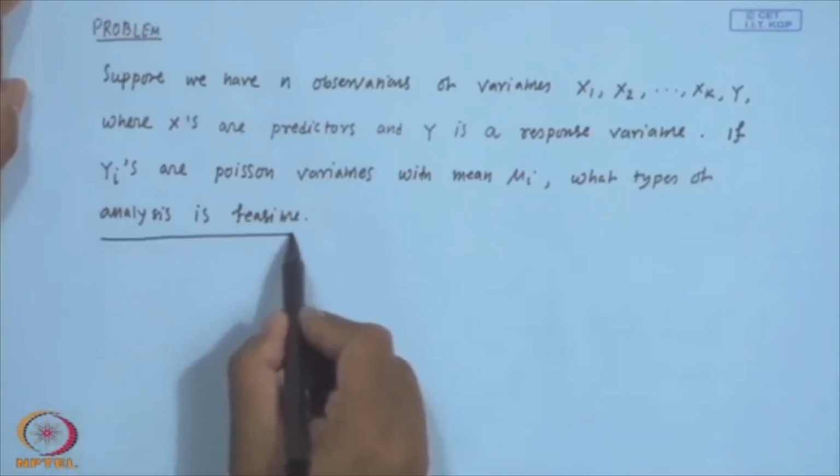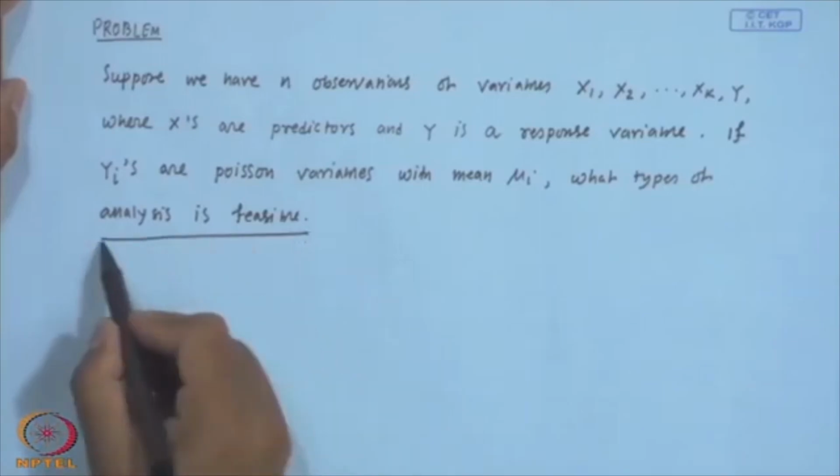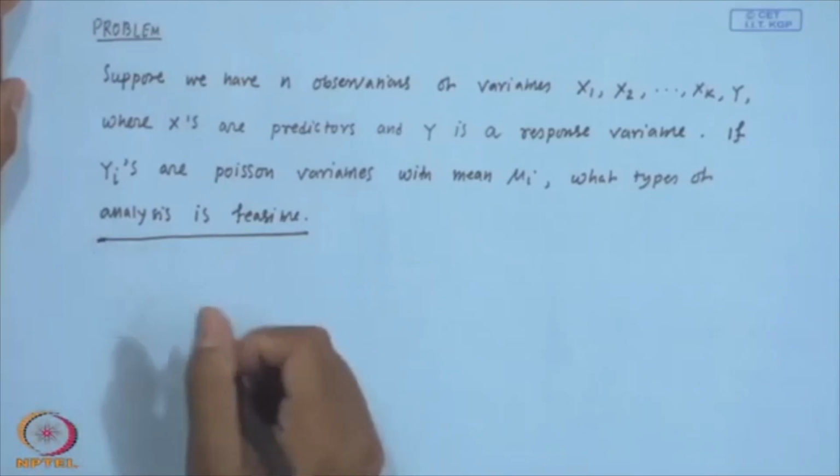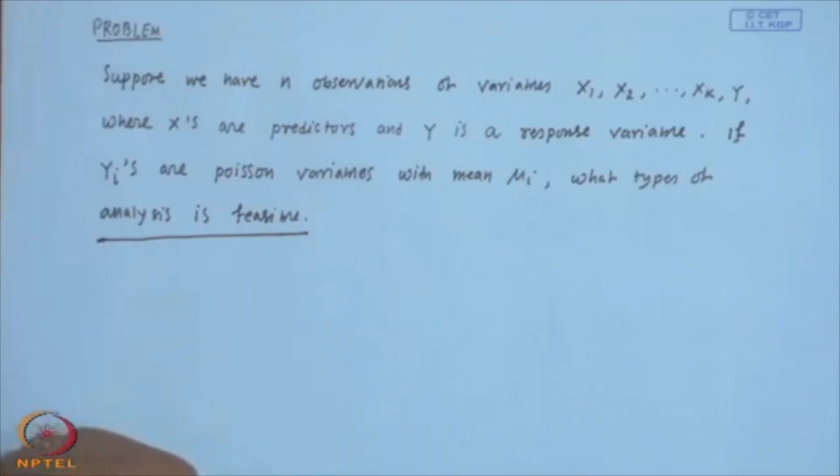So, the objective of the generalized linear model topic was, if the response variable is not following normal distribution, but follows some distribution from the exponential family, then how to fit a model for that.